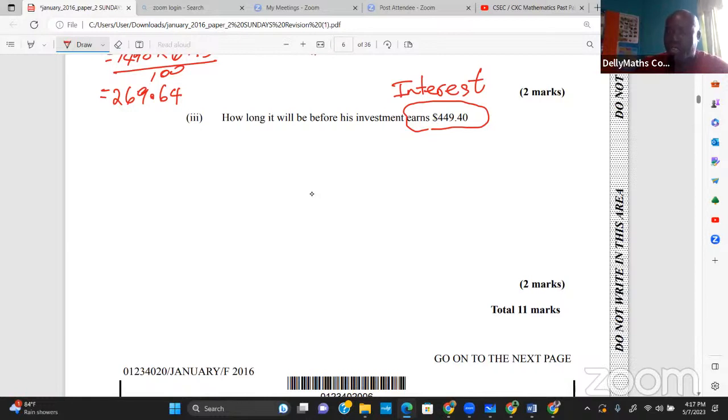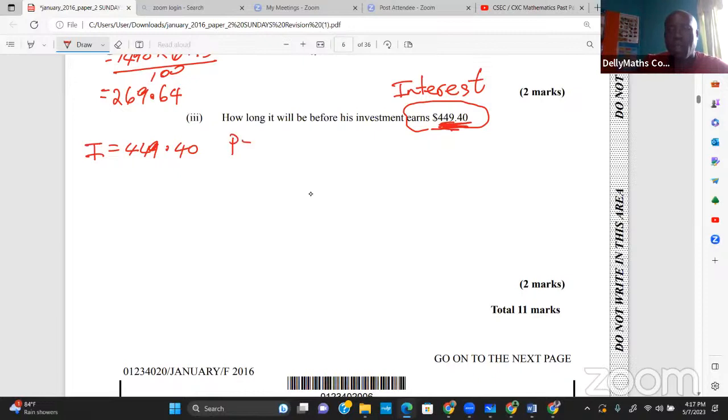I'm just going to do it one way. We could do 3 ways. Forgive me, I won't do all 3. If this is the interest I want to get, I could say interest is equal to this. I can interpret this as my interest because that's the interest I want to attain.